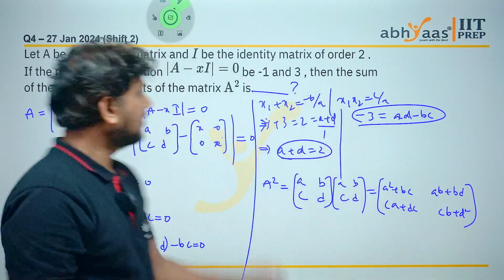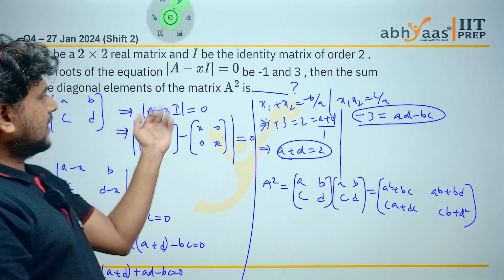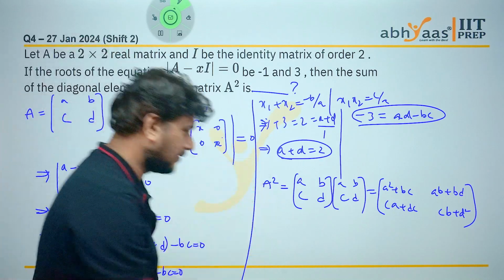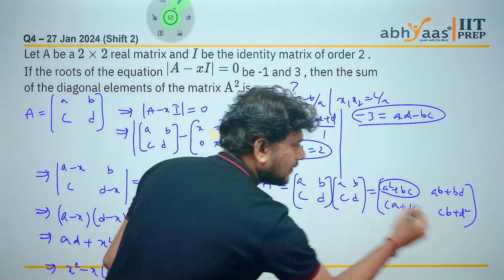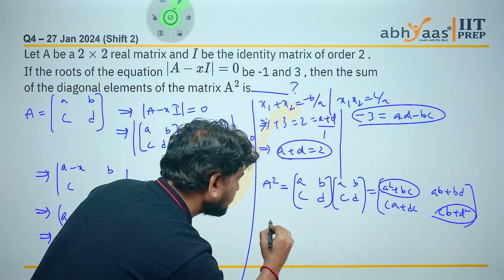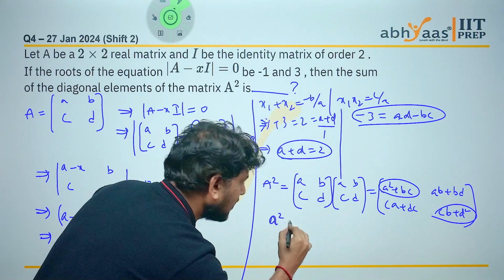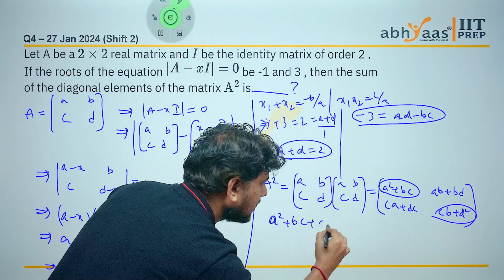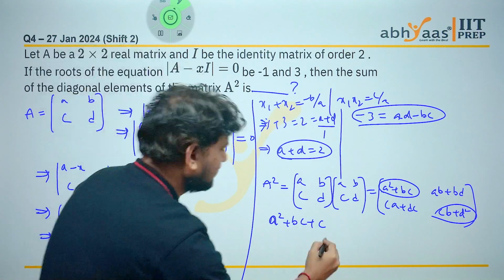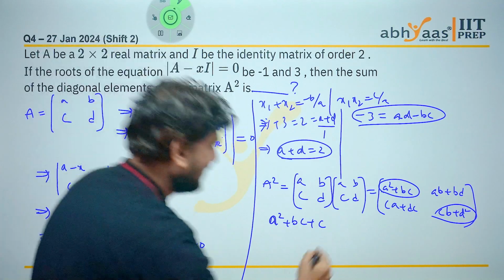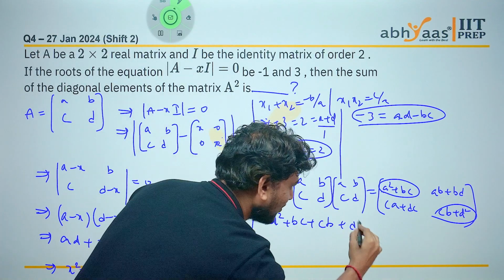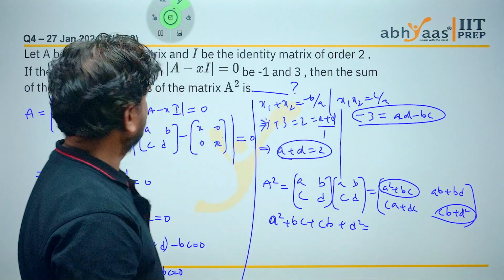Okay, here given sum of diagonal elements, that is trace of A square. So trace of A square is A square plus BC plus CB plus D square equal to how much?